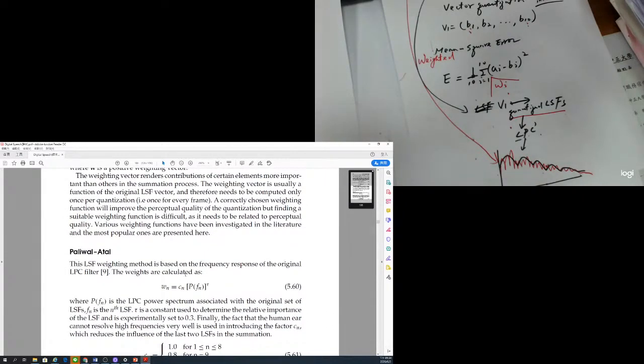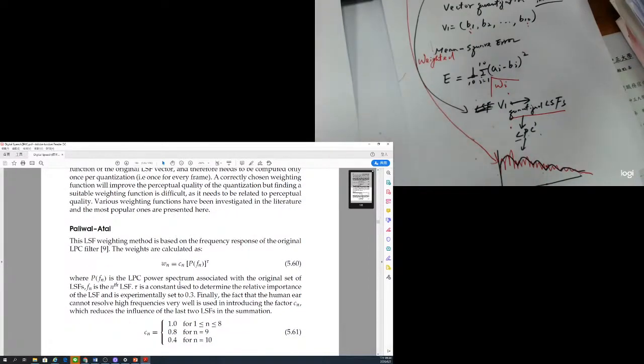And then they consider how to do the weighting function. Because we are using an LPC model, and also we consider the formants, since LPC from the frequency domain gives us the LPC filter coefficients. They model our signal envelope shape.